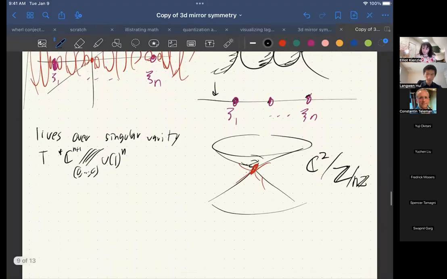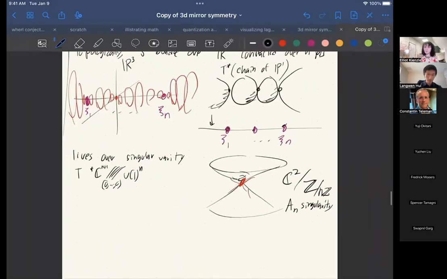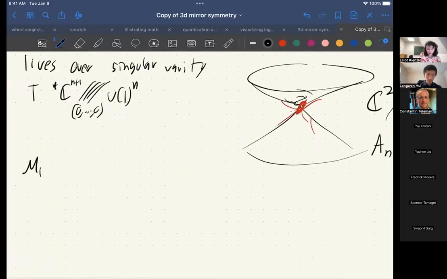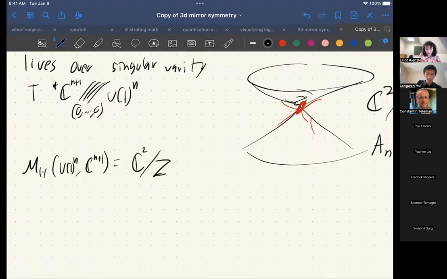And this is the AN singularity. So this is pretty neat, because in general, we see that the Higgs branch for this particular data is going to be given by the unique resolution of singularities of this AN singularity.